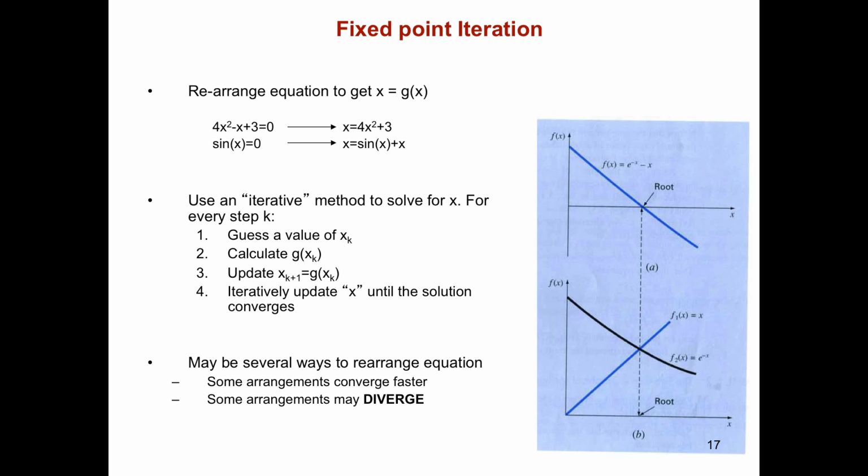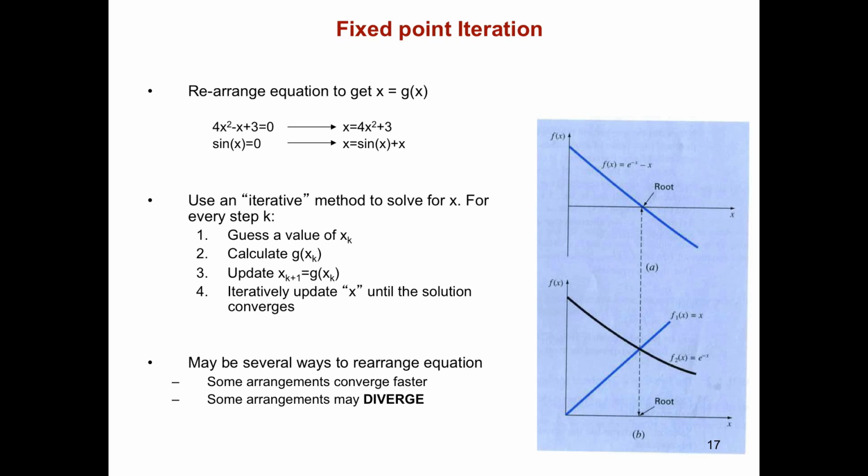So now that I have it in this form, the idea is to start with a value x0, and from there, your next choice is g of x0, that's your x1. Then on the next choice, you go with g of x1, and so forth.